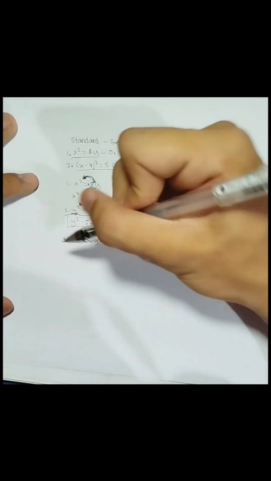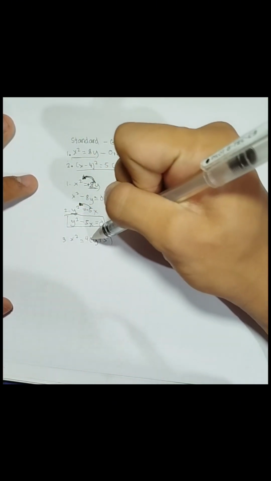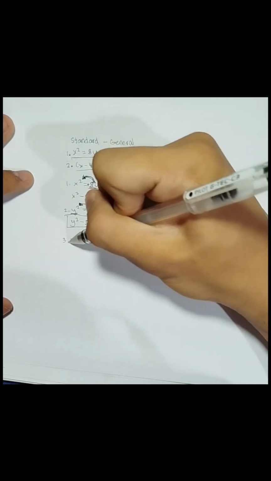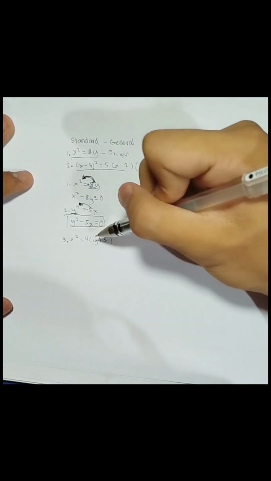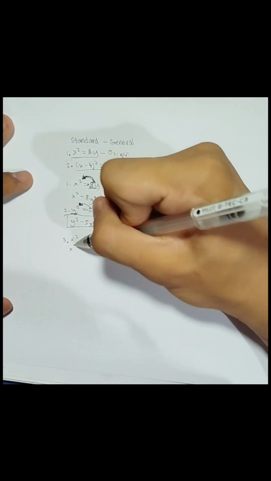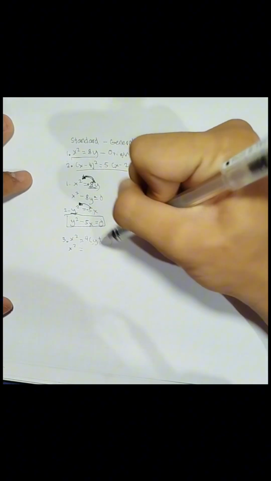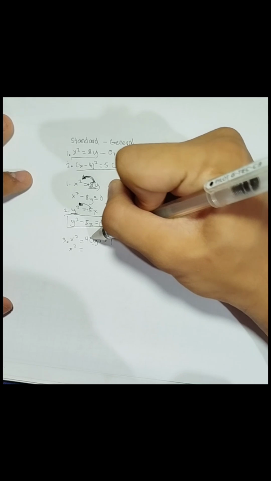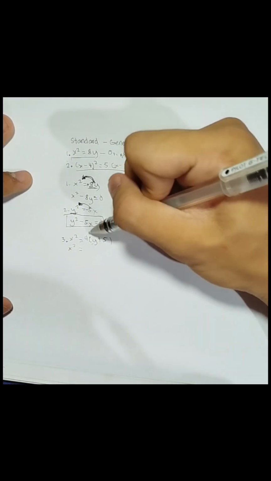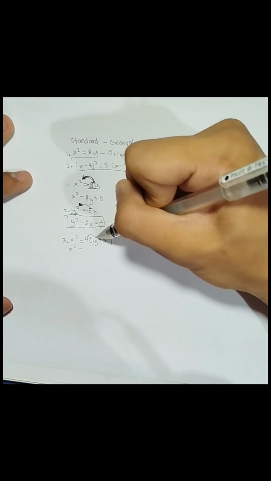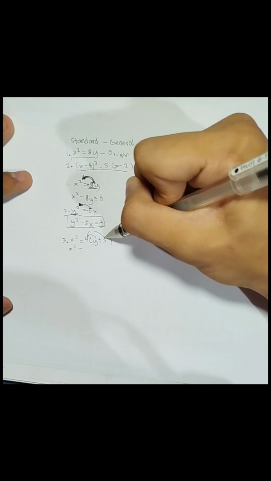So same as here, we must make the other side equal to 0. Now, to get this to 0, first we must remove this parenthesis. To remove that, we must multiply 4 with everything inside of the parenthesis.